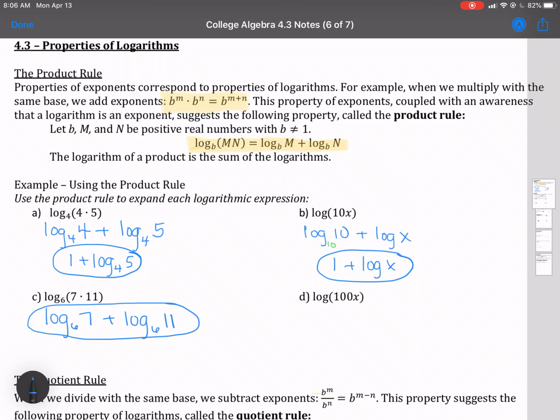And then d, we have log of 100x. We can rewrite this as log 100 plus log x. So remember, we have this understood 10 as our base. So 10 to what power is 100? That would be 2 plus log of x.